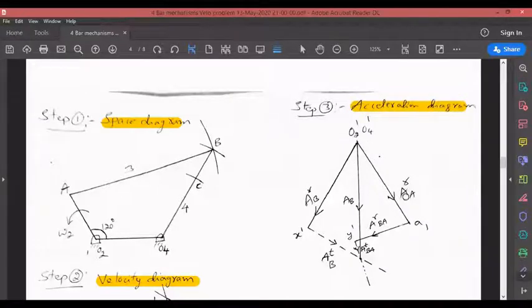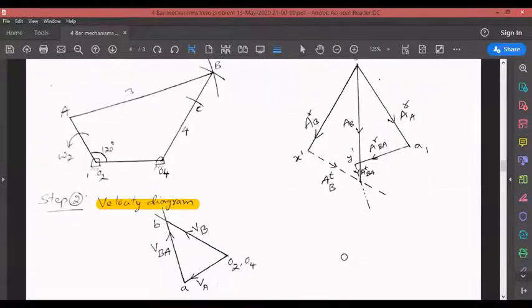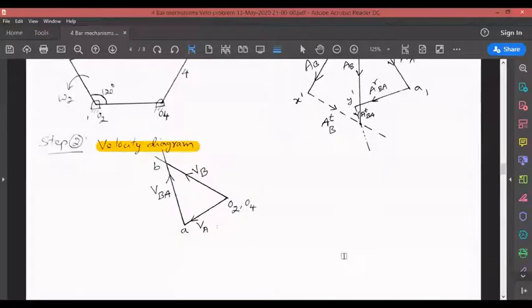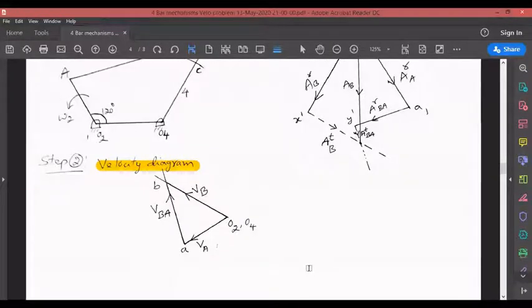So radial components ARA, ARB, and ATB, the tangential component is mentioned as ATBA. So finally we get the acceleration. You need to take a measurement of this to find the unknowns. So this is the solution for problem number 2, what we discussed on the four-bar mechanism.